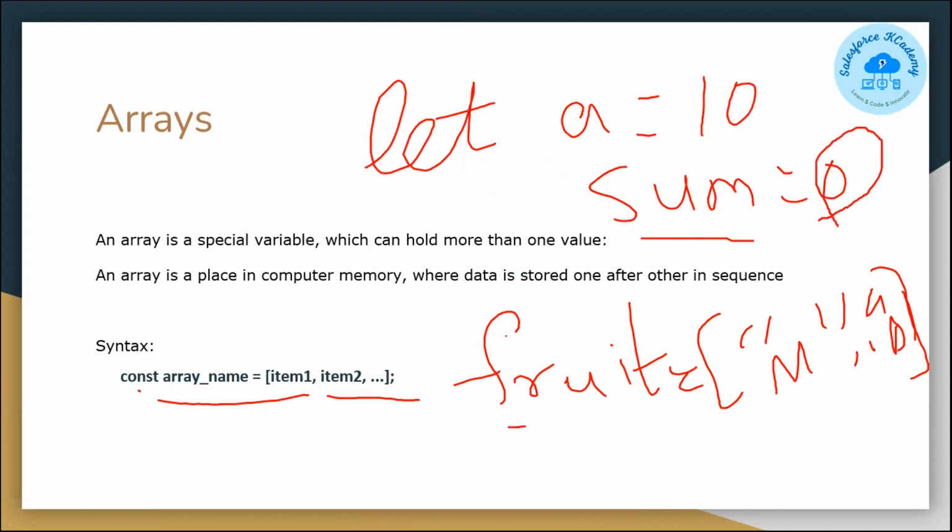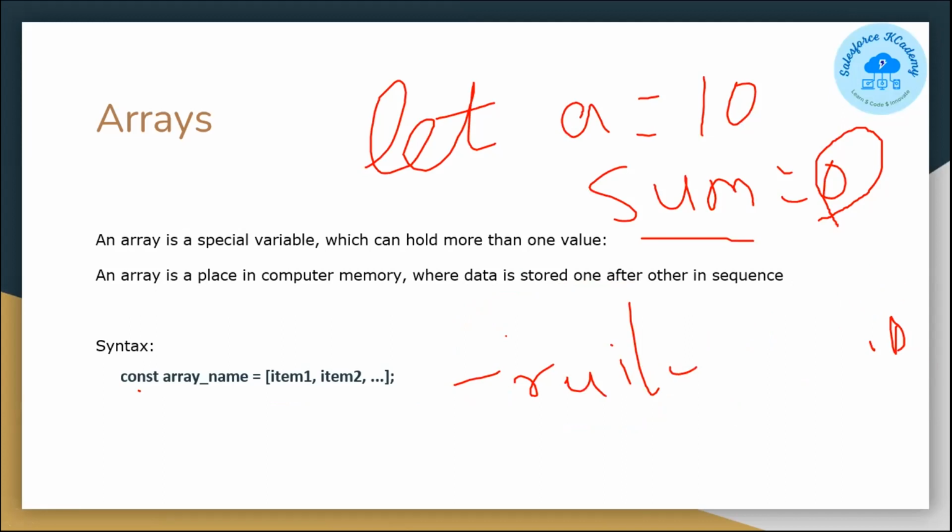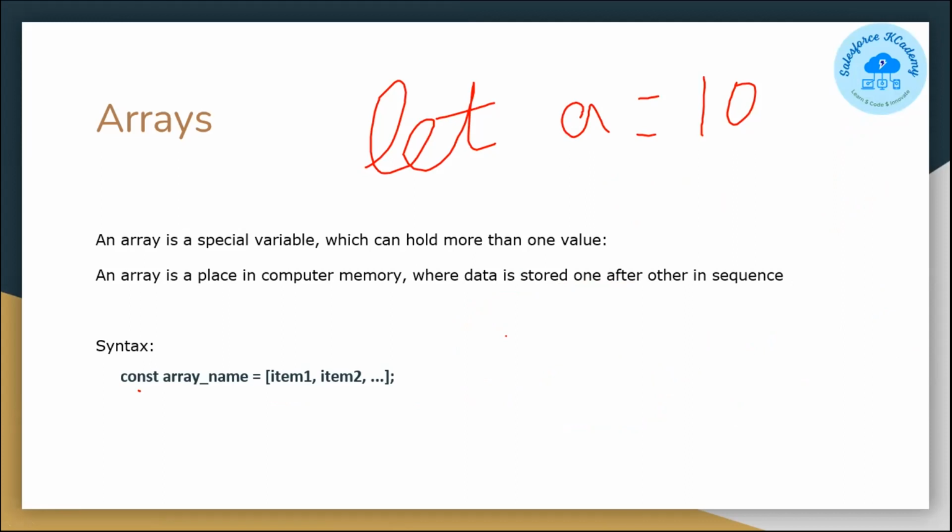But a single variable which can store multiple values, such kind of variables are called arrays. Is this clear? The simple thing? So an array is a special type of variable where it can store multiple values.